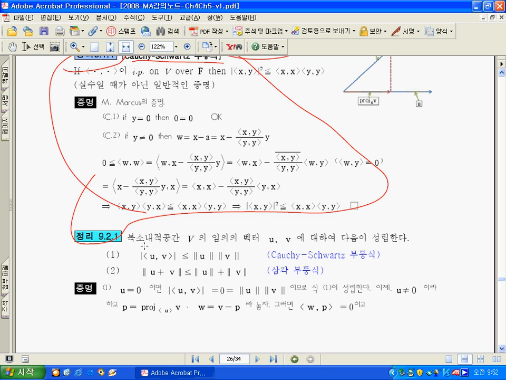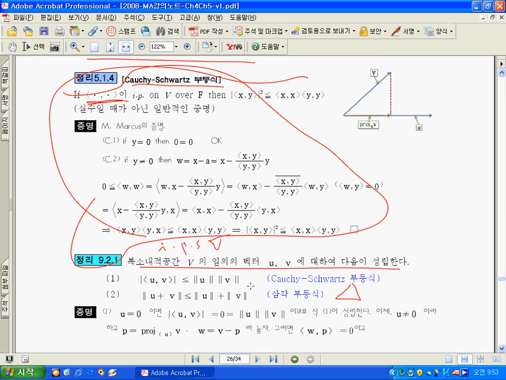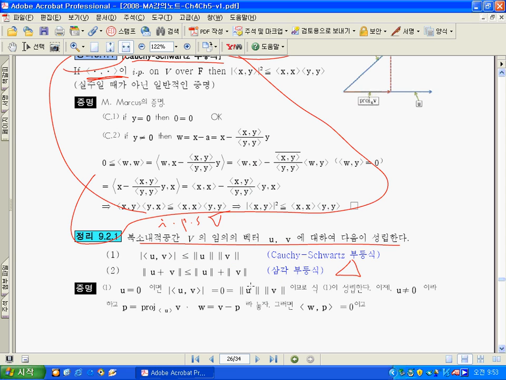This is the famous Cauchy-Schwarz inequality and triangle inequality for arbitrary vectors in an inner product space V. Suppose this is an inner product, then it satisfies this. Here U is this vector and V is this vector.